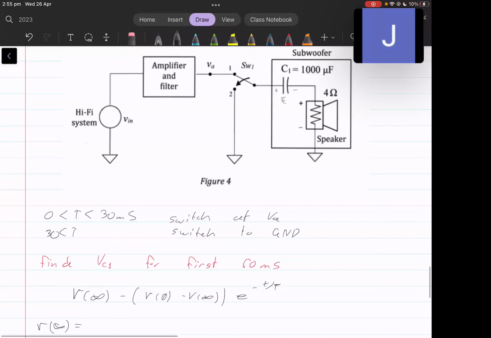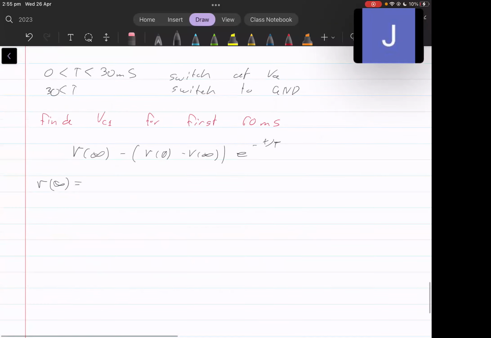When the switch is pointing up at VA, what voltage will be across the capacitor? Yeah, perfect. Because at infinity, we can effectively make the capacitor just gone.